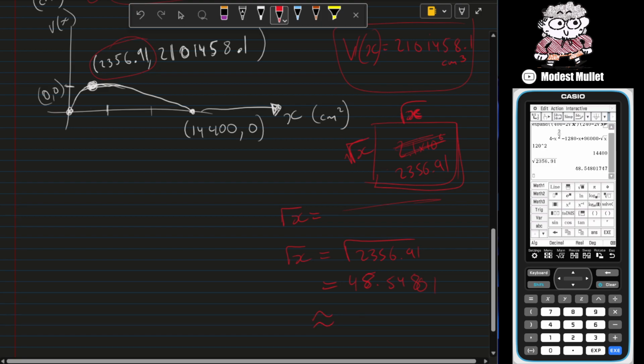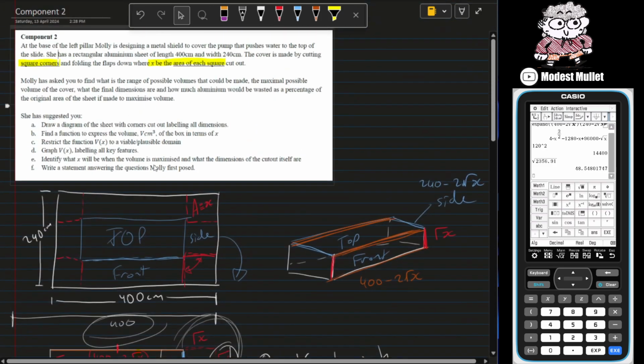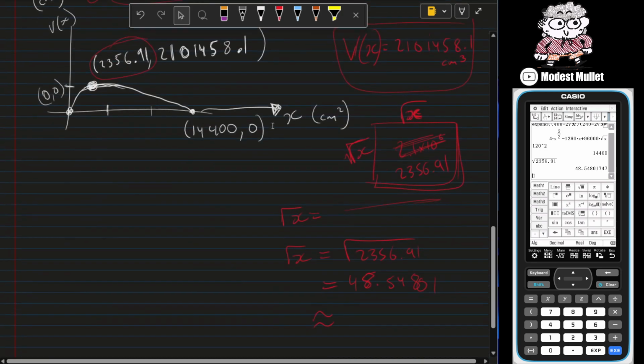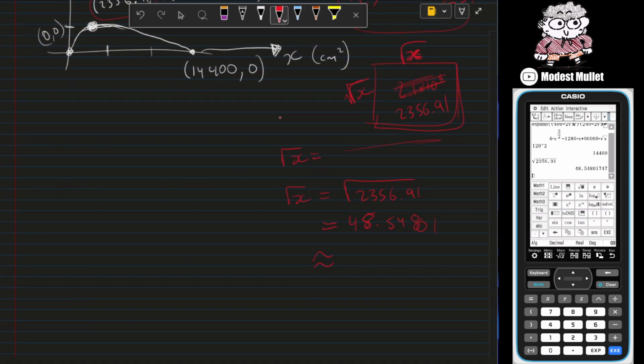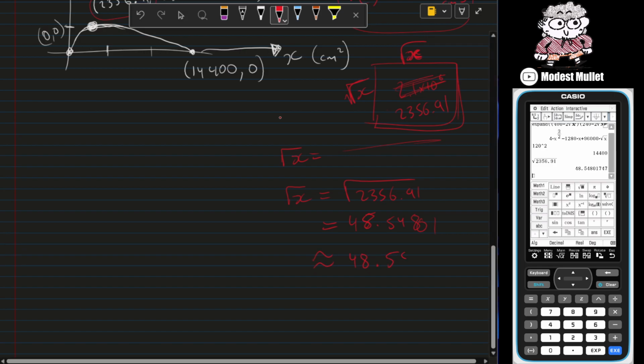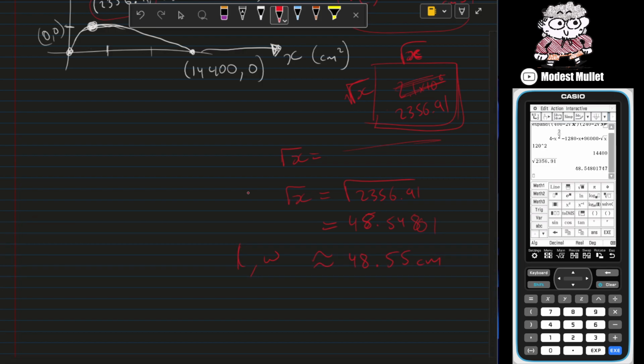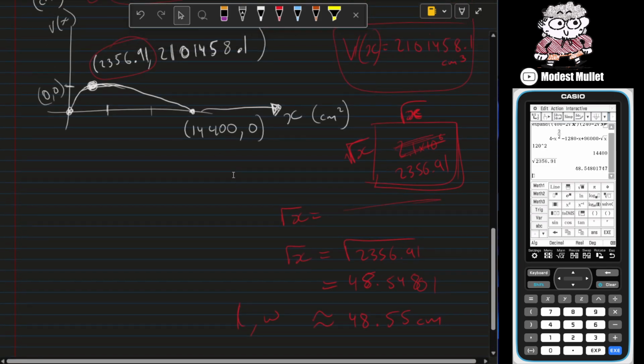So it is roughly equal to, let's go 2 decimal places, because that's what it's consistently been so far, 48.55 centimeters. Okay, so the length and width are both roughly equal to 48.55 centimeters.